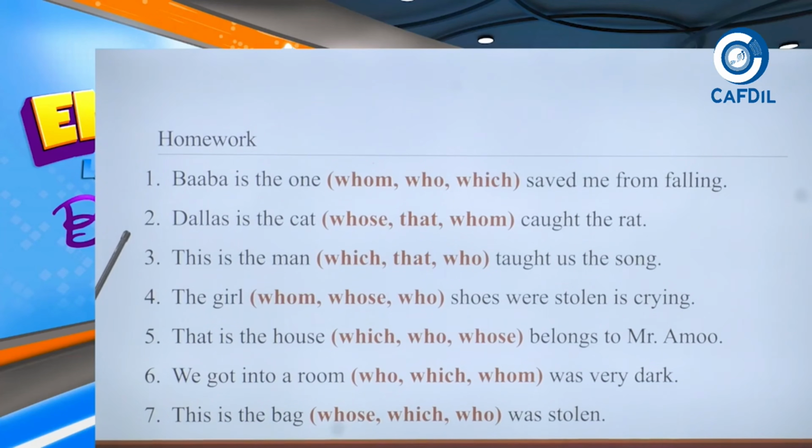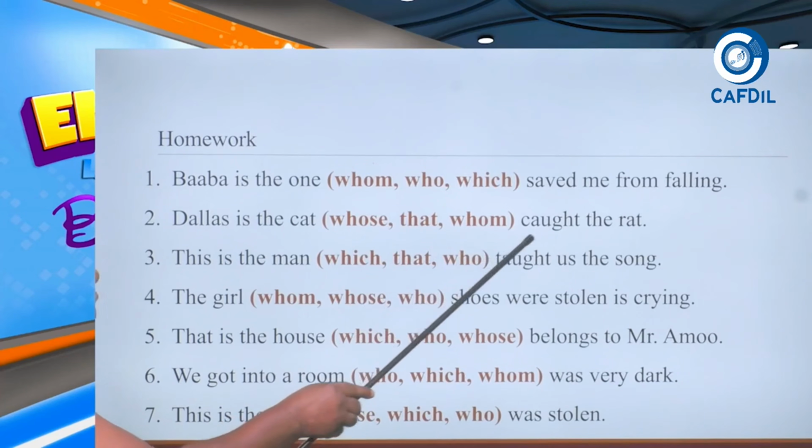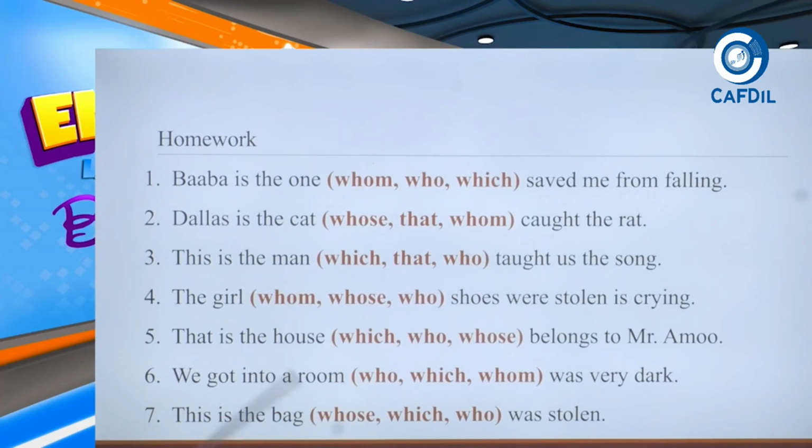Sentence 2. Dallas is the cat. We have whose, that, whom, caught the rat. Here again you have in the bracket whose, that, whom.